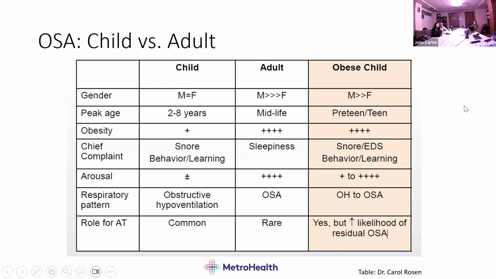So you're going to see a lot more snoring, gasping, choking, daytime sleepiness, and a lot less externalizing behaviors, hyperactivity, acting out, etc. You're going to get a much lower rate of cure with an adenotonsillectomy. Doesn't mean don't do it, at least in our current treatment paradigm.